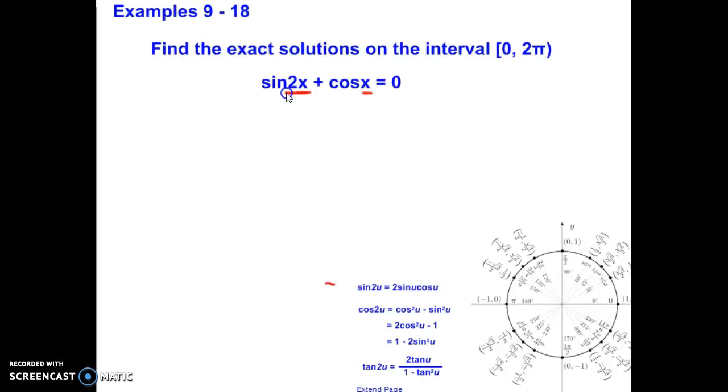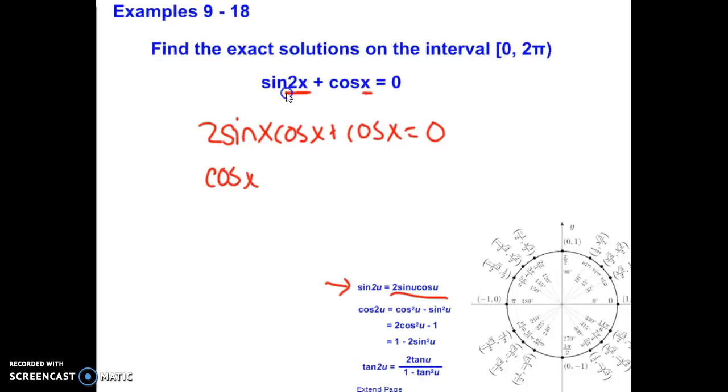I'm going to use my double angle formula because I can rewrite the sine of 2x using just x's, which will make it easier to solve. So I get 2 sine x cosine x plus cosine x equals 0. I substitute it in. So this is one of the applications of double angle formulas.